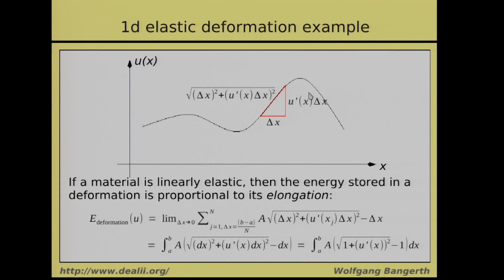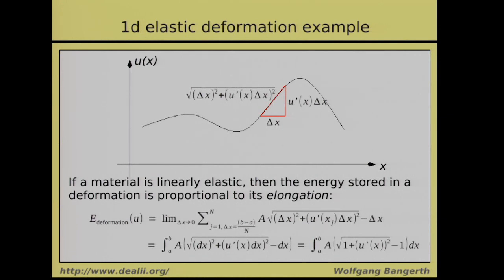But if you do deform it, then there is going to be a delta u. Here I already replaced delta u by u prime delta x, which for small delta x is true, but in general I could say this is delta u. The length of this rubber band along this stretch delta x is then clearly the square root of delta x squared plus delta u squared, and delta u is approximately u prime delta x.